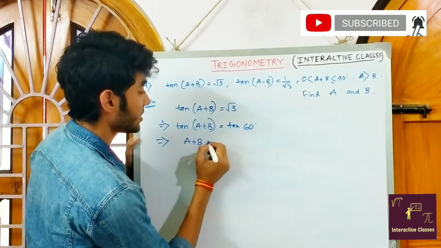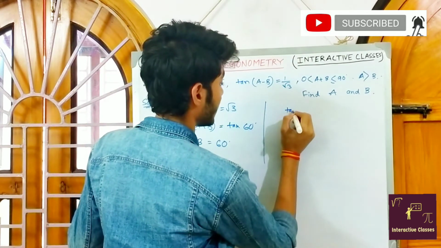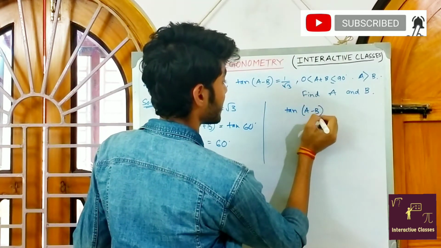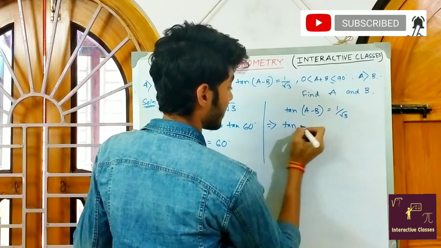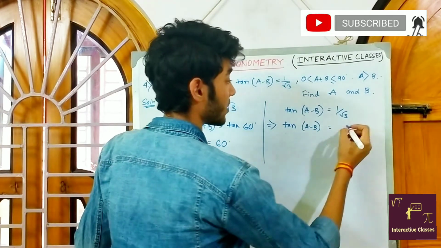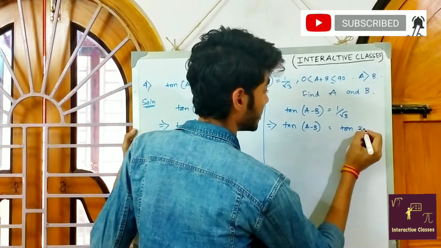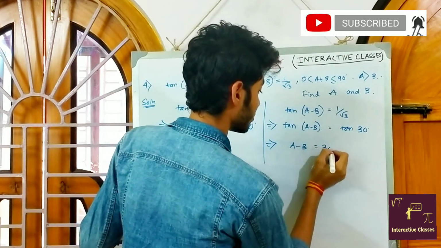Now by eliminating it, we can write a plus b equals to 60 degree. Similarly, tan a minus b equals to 1 by root 3. We know that tan 30 value is 1 by root 3, so tan 30 degree. So a minus b equals to 30 degree.